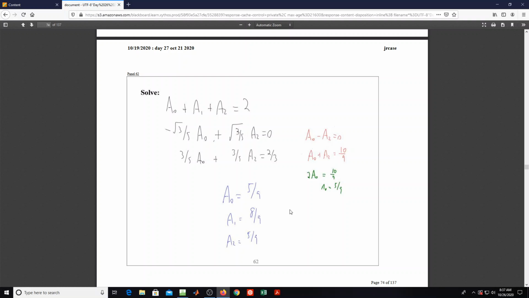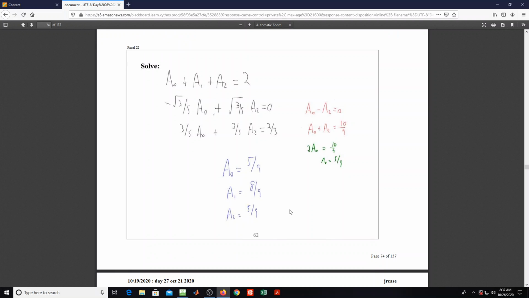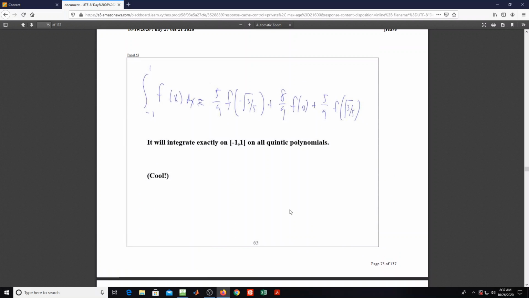And so with these three weights, I can evaluate any polynomial from -1 to 1 exactly up to a certain degree. So up to quintic polynomials, I'll get an exact answer. All I have to do is evaluate the function at these 3 points and weight it this way, and I'll get the exact answer. 3 points, exact, 5th degree polynomials.